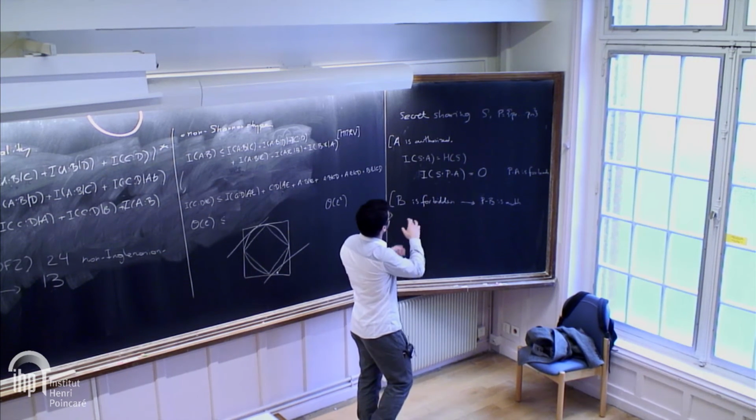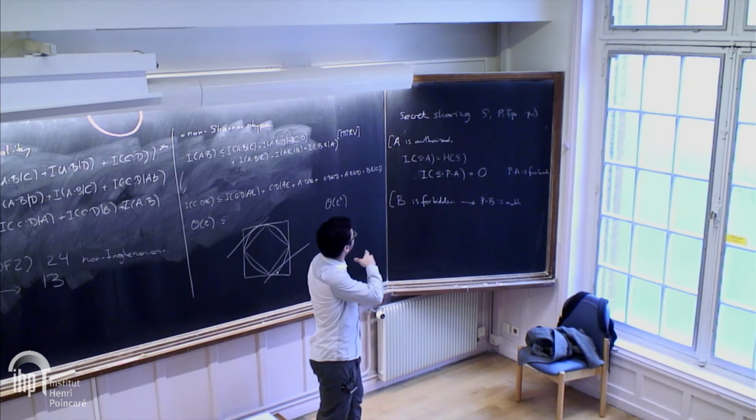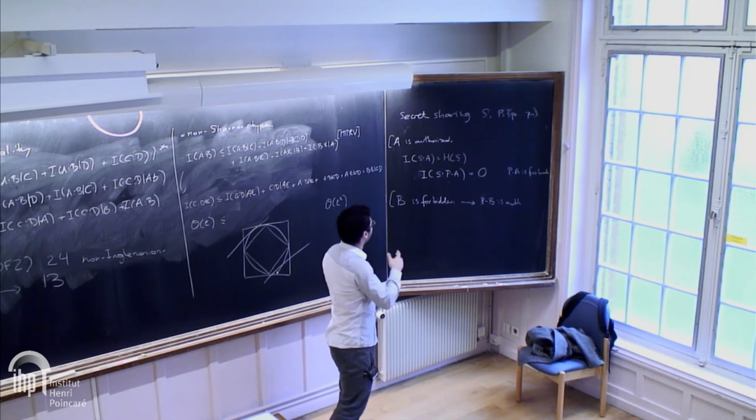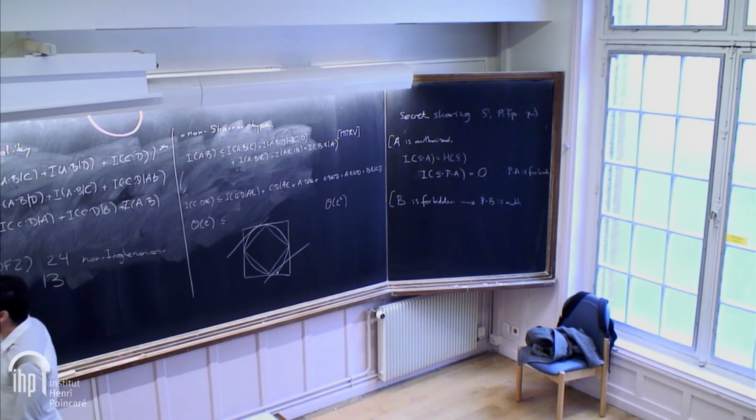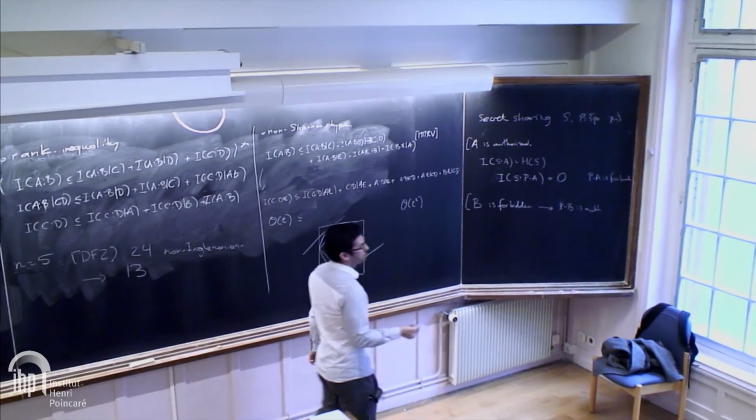So what I'm saying is that I can define some dual for a secret sharing problem, and then I can study it using information inequalities, since the bounds for secret sharing were found using information inequalities.